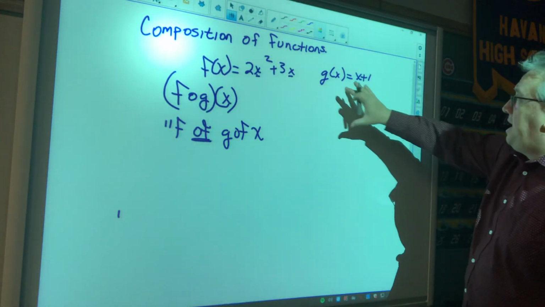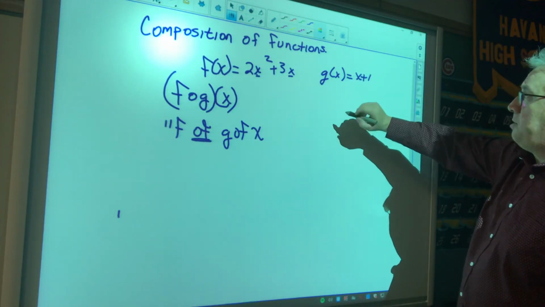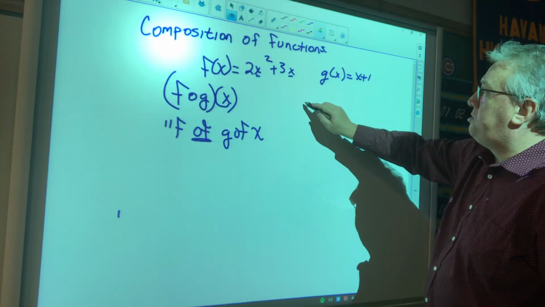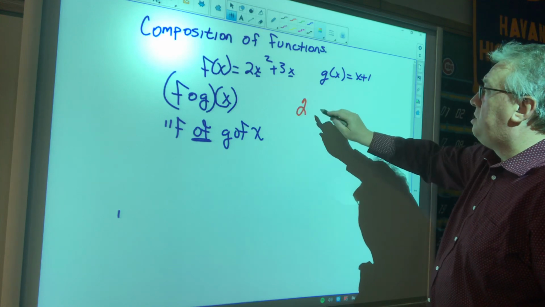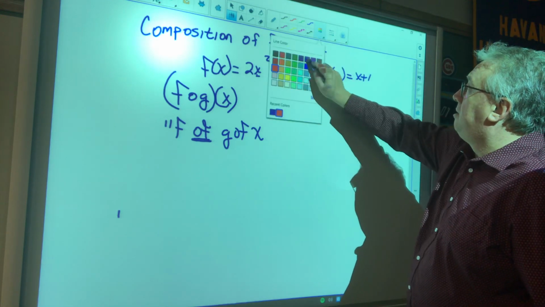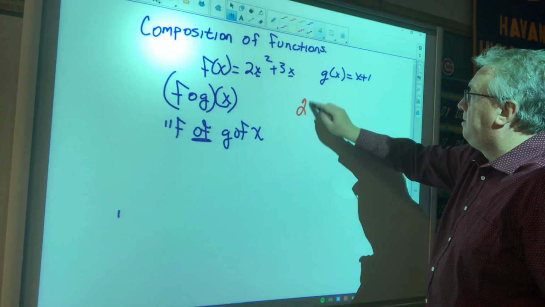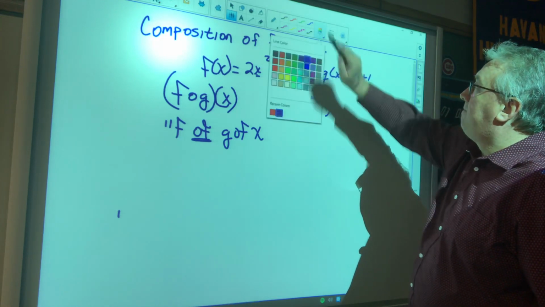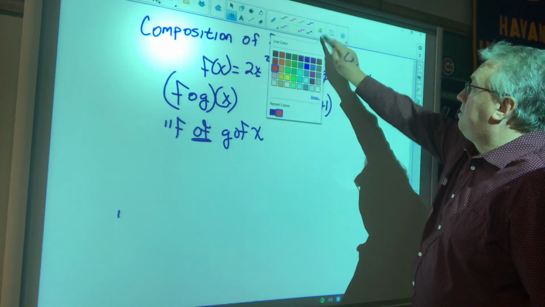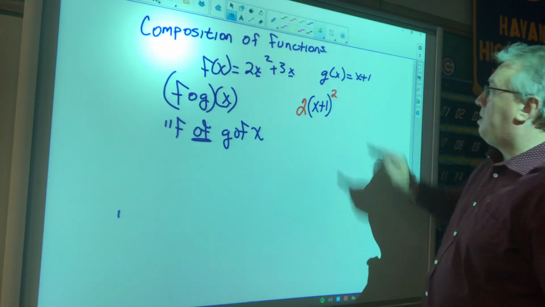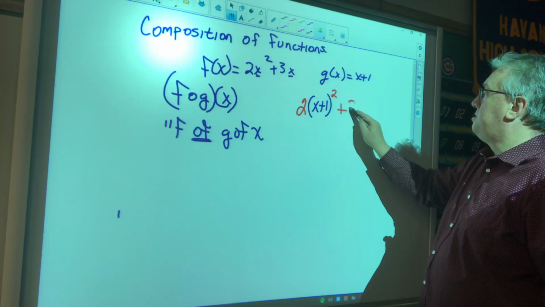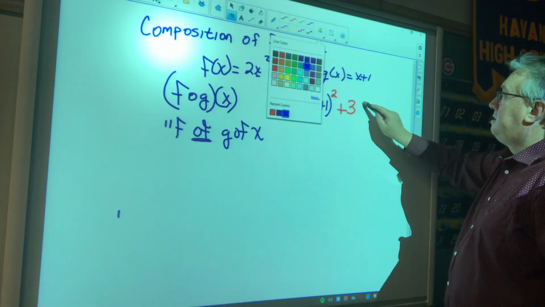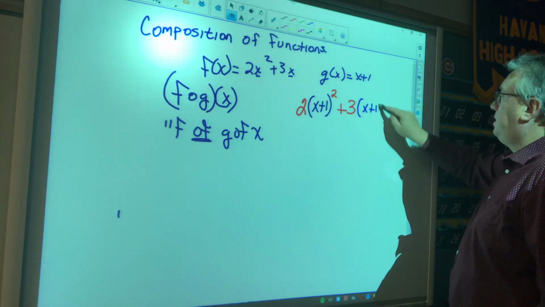So we want to take g of x, x plus 1, and we're going to substitute it into f of x. So we're going to have 2 times the quantity x plus 1 quantity squared plus 3 times the quantity x plus 1.